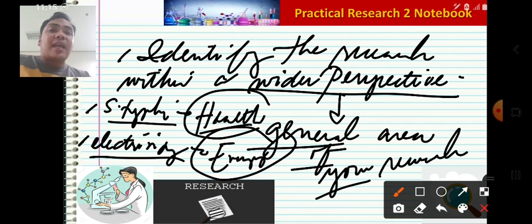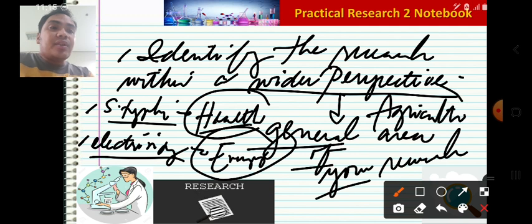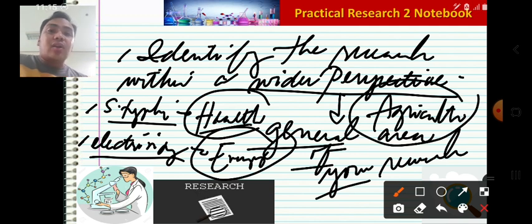Okay? So in the case of Xanthomonas campestris, which is responsible for the dark coloration of leaves among cabbages, what will be the general area of research in relation to that study? Of course, the answer is agriculture. Obviously, the dark coloration among leaves of cabbages was a major problem in the field of agriculture.